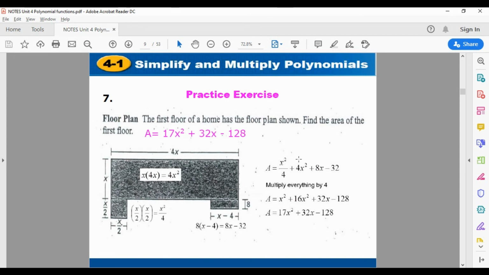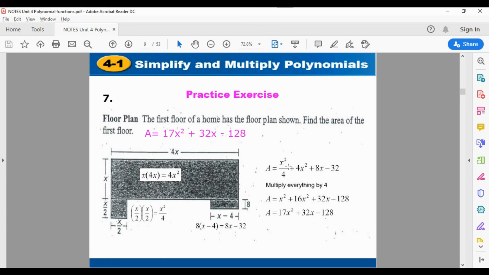And then you look to see if there's anything that you can do to combine and simplify. Well, there's a little issue that I take with this. Technically it works and everything's okay. What we're doing is scaling it by 4. Either way, though, you have the 8x, you have the 32, and these are like terms here, x squared and x squared.